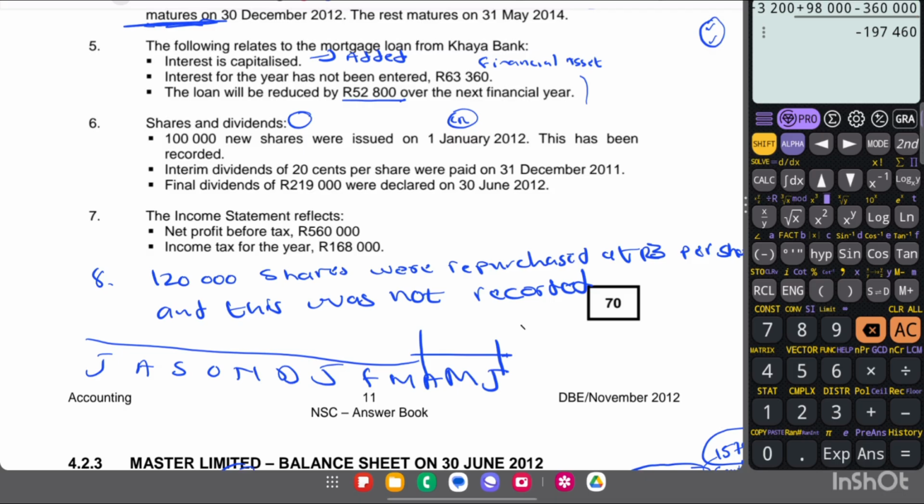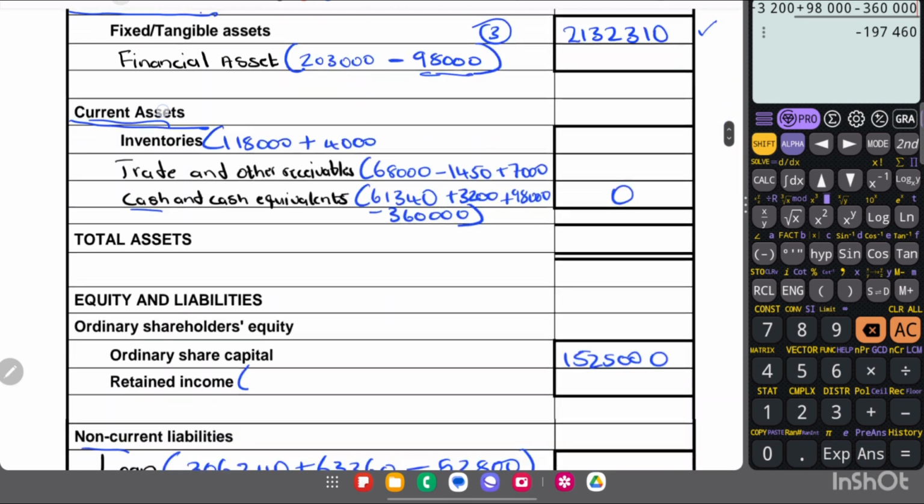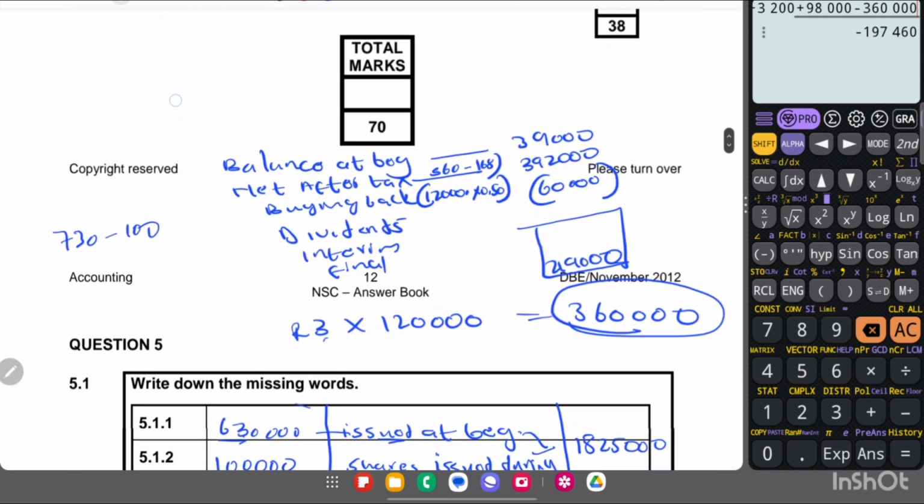Guys, this one is very important. Check the date here. Remember, the shares that were issued during the year, they were issued on 1 January 2012, but we paid the interim on 31 December 2011. So let's go back to our ordinary share capital now.